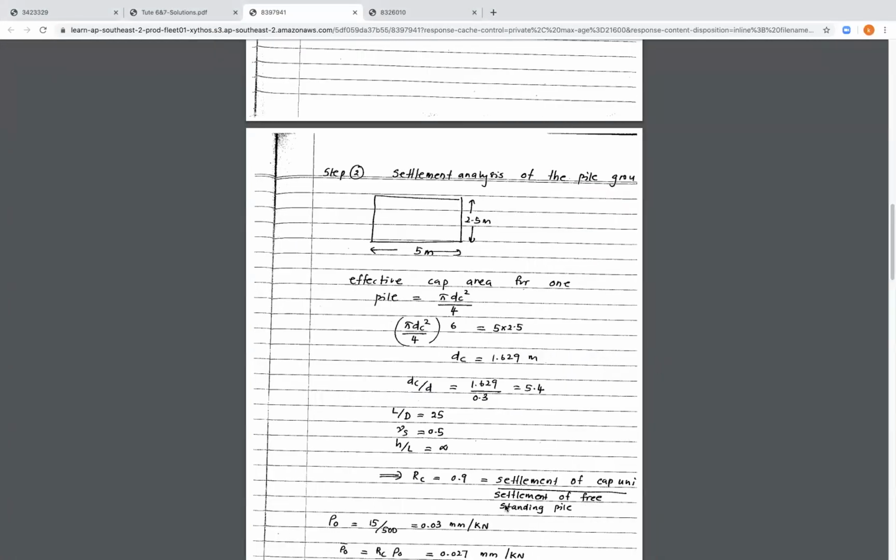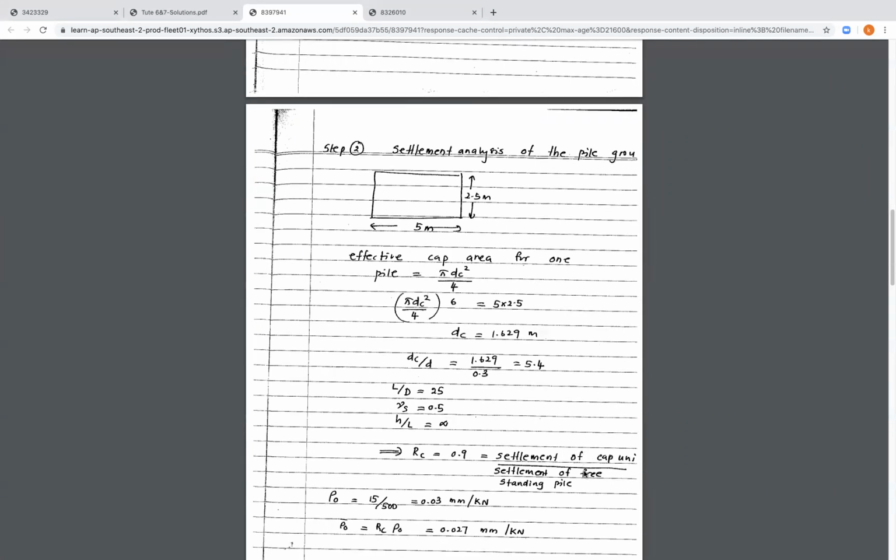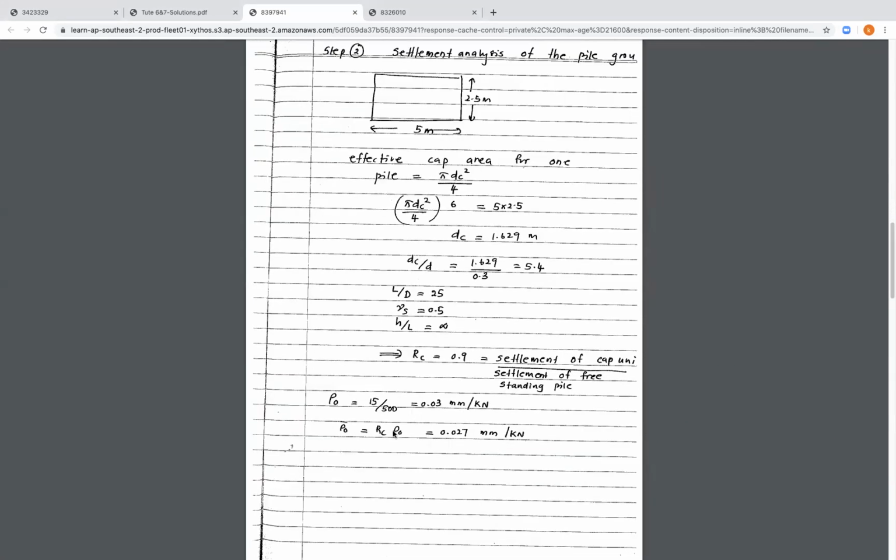It will give us this value here, but we need this value, which is the upper value, settlement of the cap unit, and that's how we calculate it. We got the value of RC from these values here. RC is equivalent to 0.9. So obviously the settlement of the cap unit is equivalent to 0.027 millimeter per kilonewton.